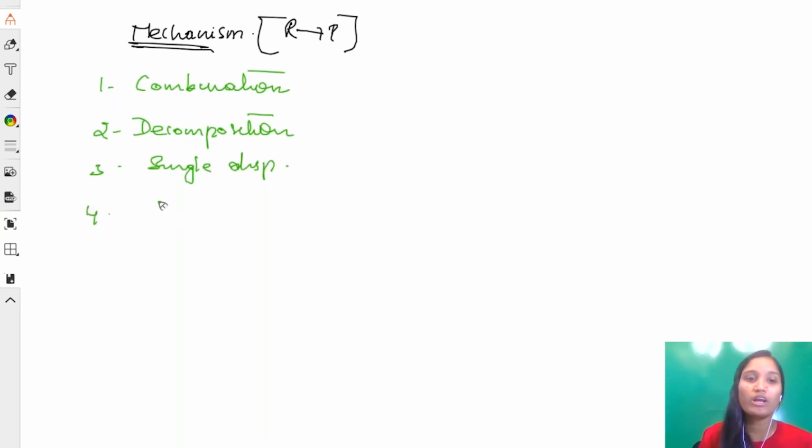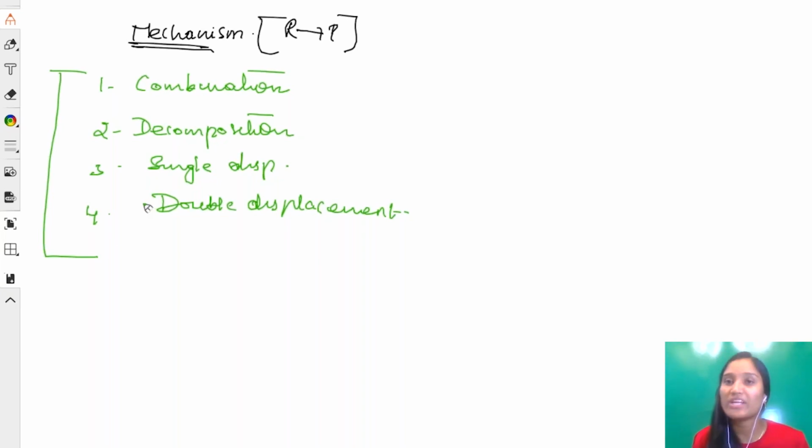And number four is double displacement reaction. So there are four types of chemical reactions based on mechanism: combination, decomposition, single displacement, and double displacement, right? This is the first classification of chemical reactions.